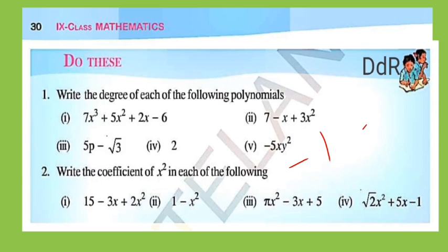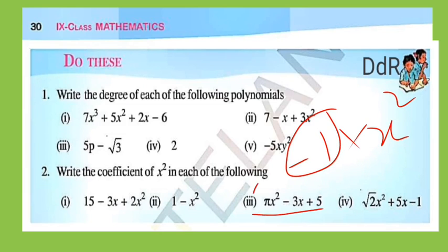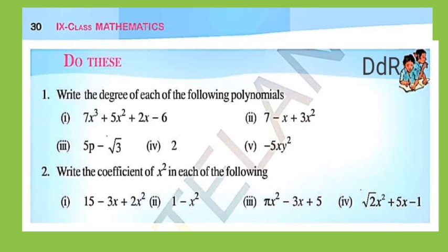Yes, minus 1 into x square. Okay, so minus 1 is the coefficient of x square in the second question. And in the third question it is very clear, pi is the coefficient of x square. And in the fourth question, the coefficient of x square, what is that? Root 2 is the coefficient of x square.